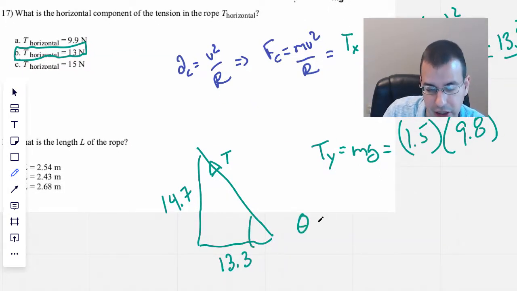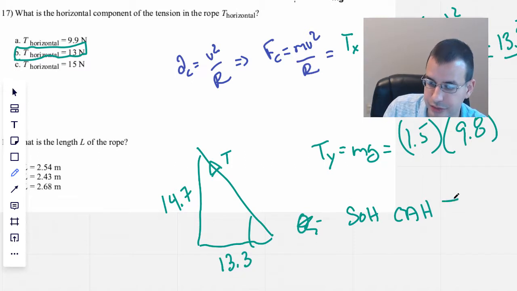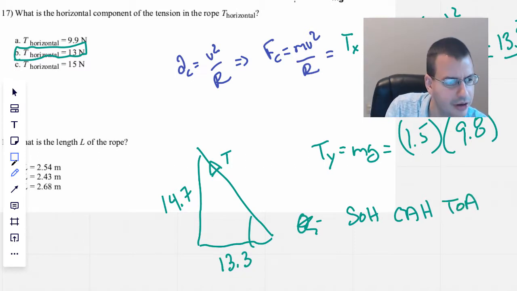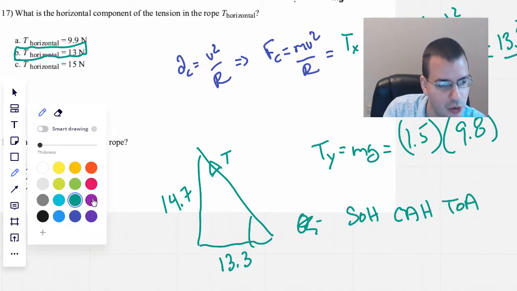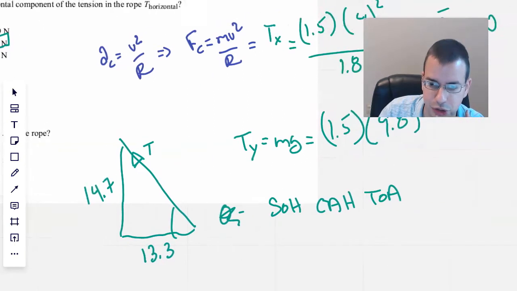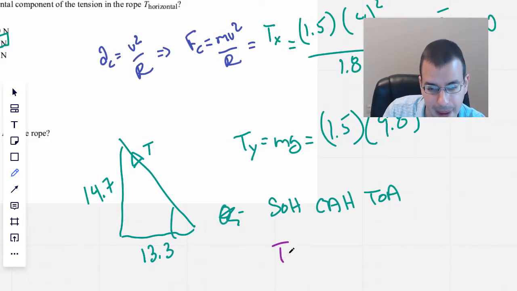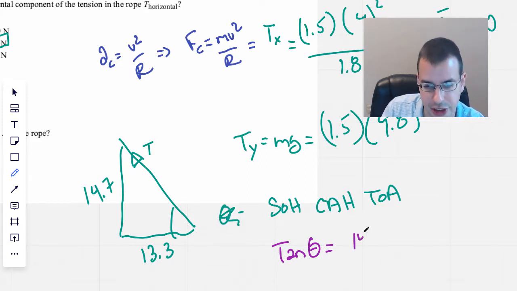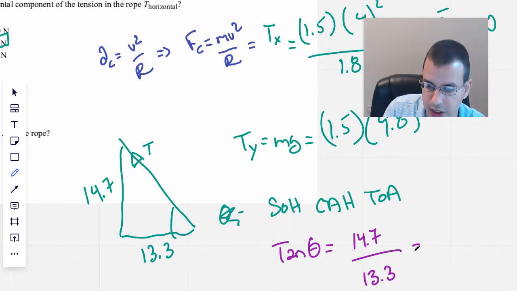So for theta, we do SOHCAHTOA again. I do love SOHCAHTOA. I didn't learn that until college. I wish I learned that in high school. So useful. Okay. Tangent of theta equals opposite over adjacent. So opposite will be 14.7, adjacent will be 13.3.